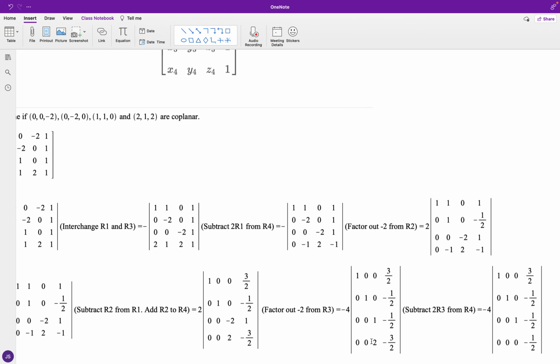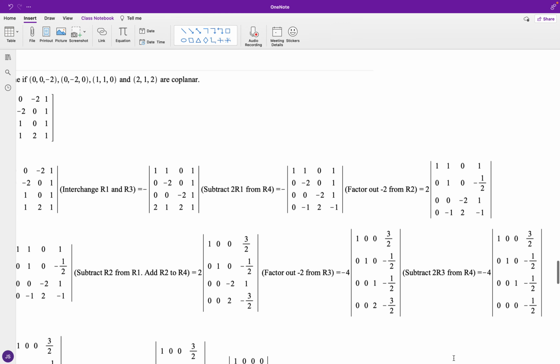Doing so, the last row is going to change to 0, 0, 0, and negative 1 half, since 2 minus 2 is 0, and negative 3 halves minus negative 1 is negative 3 halves plus 1, which is negative 1 half. And I want the negative 1 half to become 1.